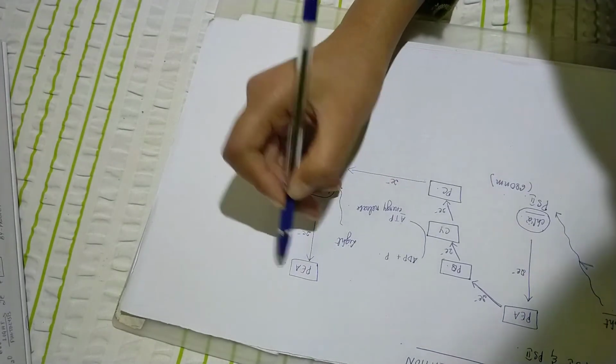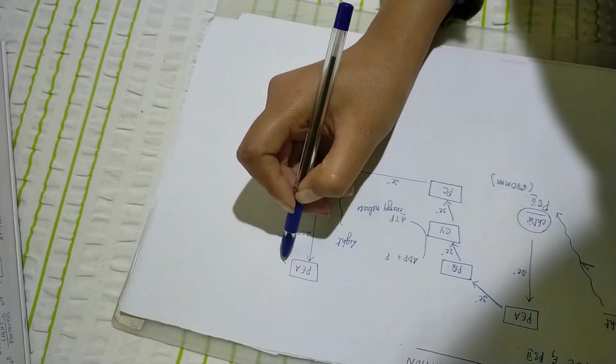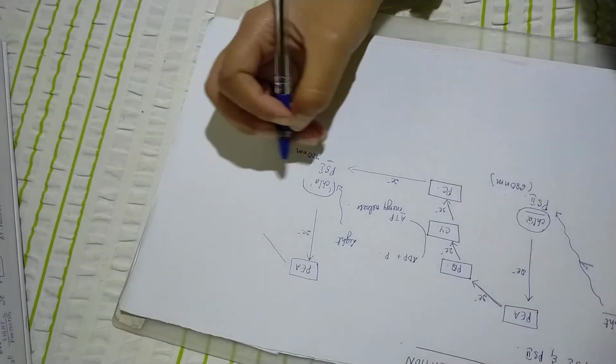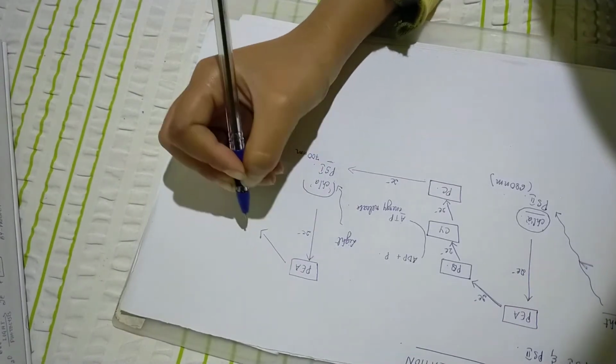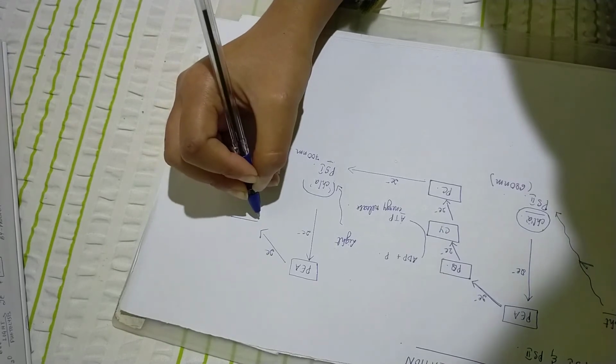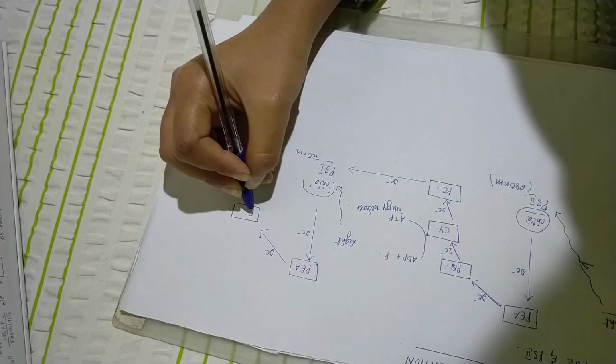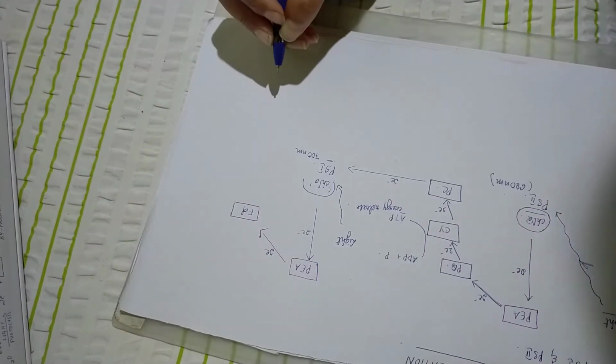So from here it passes down the gradient, and from PS1 it is transferred to FD, ferredoxin.